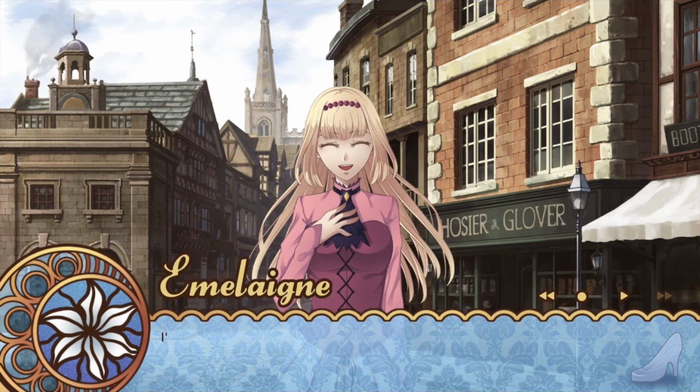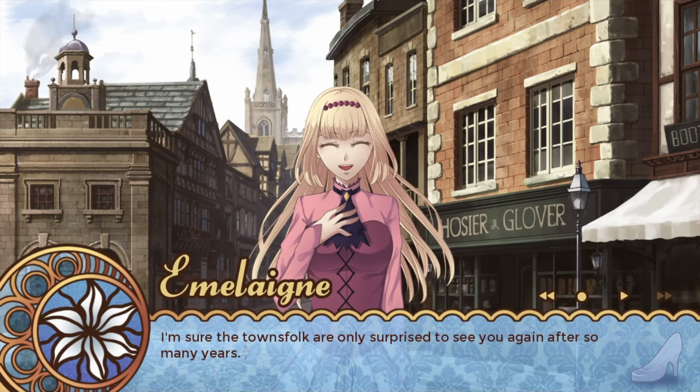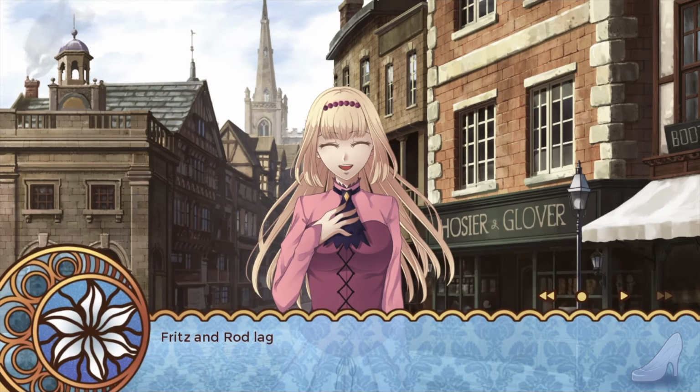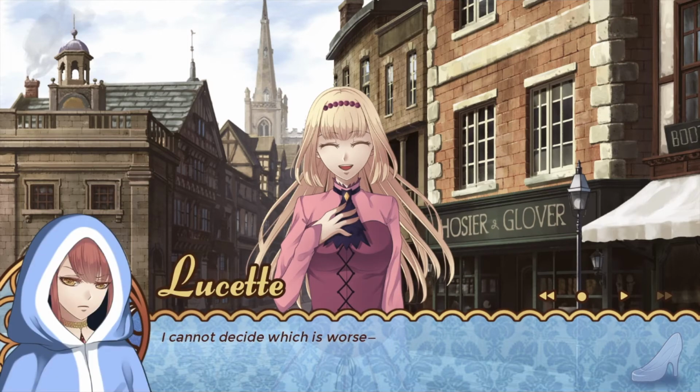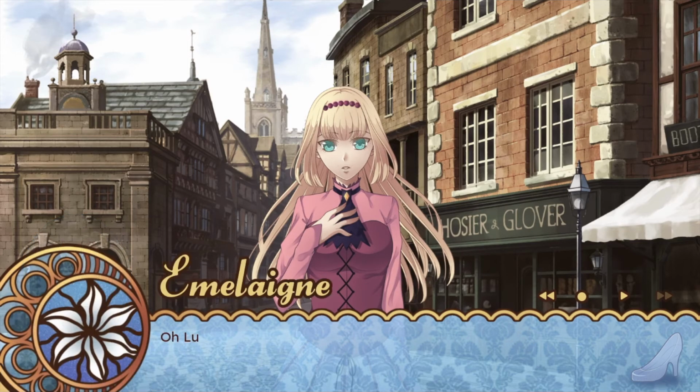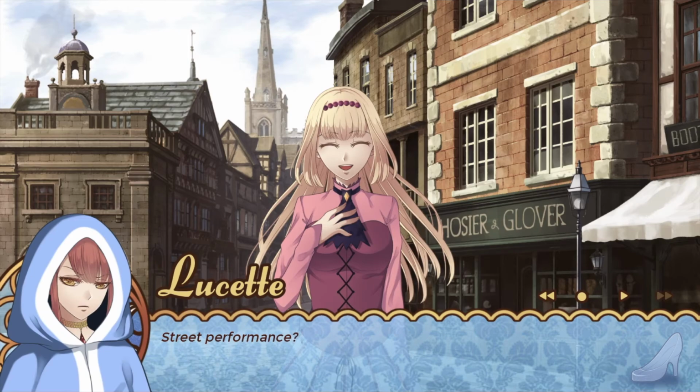I'm sure the townsfolk are only surprised to see you again after so many years. Right. Fritz and Rod lag behind us, which leaves only Emmeline walking beside me. I cannot decide which is worse, the staring or her company. Oh, Lucette, look, a street performance! It's been so long since I last watched one. Street performance?